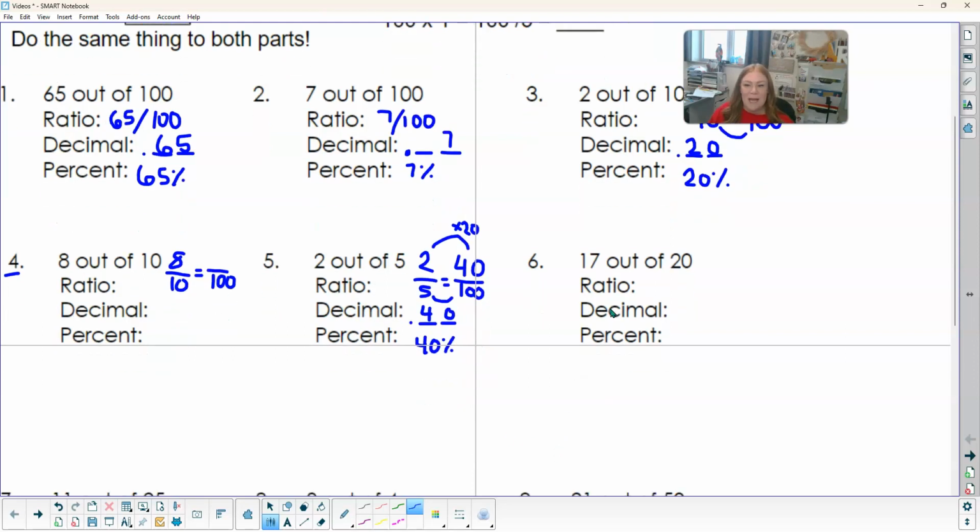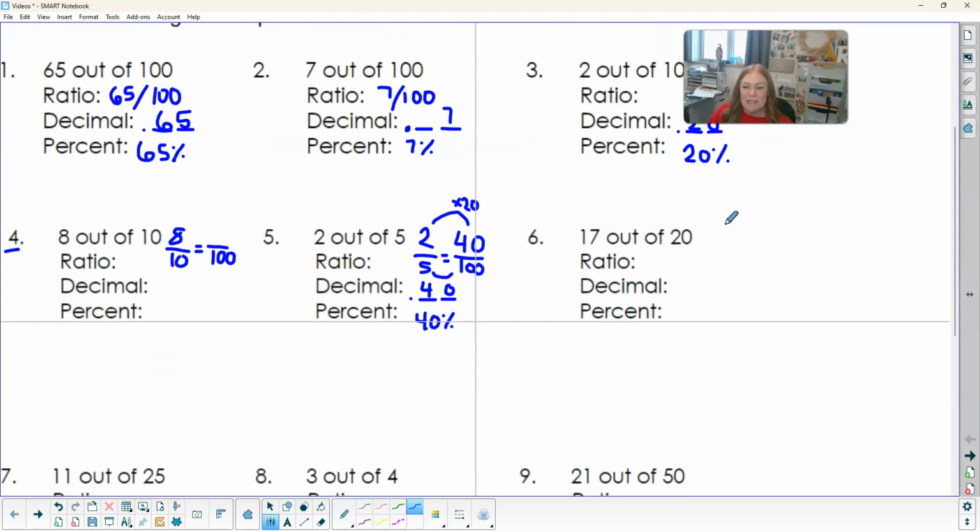Hey, number 6, we have 17 out of 20. So I set it up as a ratio, and we need to make it into 100. So we have 20, 40, 60, 80, 100. It takes 5 20s to get to 100. So now we need to do 17 times 5.